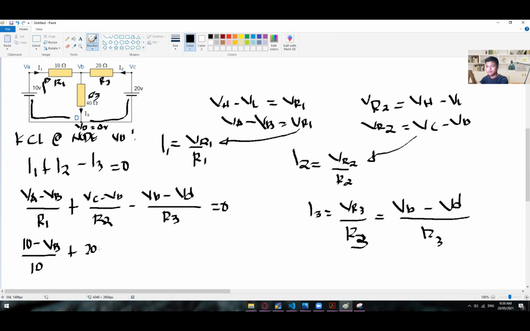So 20 minus VB, we don't know the value of VB, so we'll just leave it like that, divided by R2, which is 20 ohms, minus VB, which we don't know yet. Let me just make everything capital for consistency. Let me erase this one and make it capital.